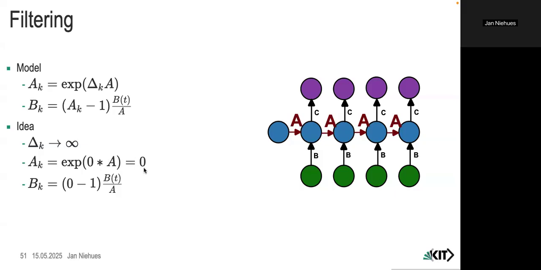So your A_k goes to zero, and therefore if your A_k is zero, it's mainly only taking your B(t). So you can filter by setting your delta to a very, very large value, then the previous value is somehow ignored.